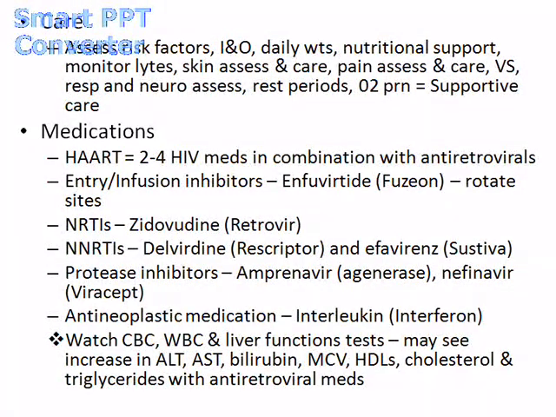Monitor their vital signs, especially temperatures. They are at risk for infection, and that would be a sign for us. We'll listen to their lungs, respiratory status. As they go down the disease process, they are at great risk for a pneumonia. We're going to assess their neurologic status for any confusion, dementia, any visual changes.